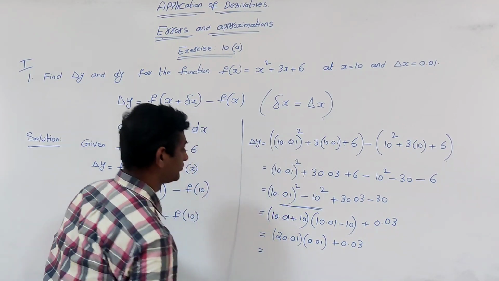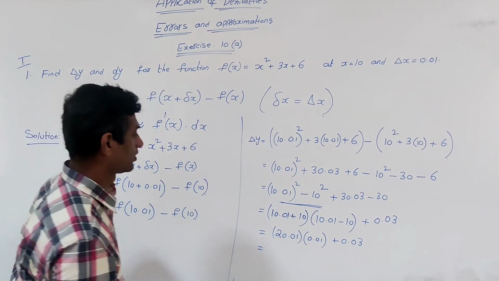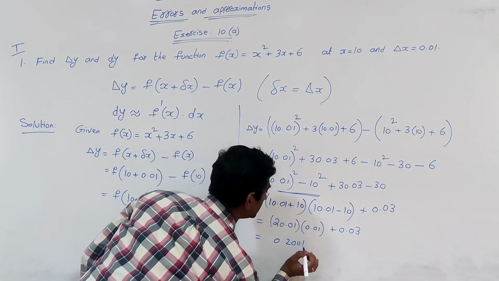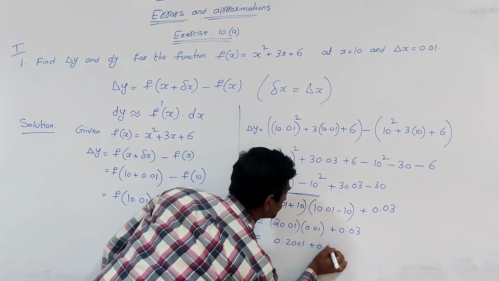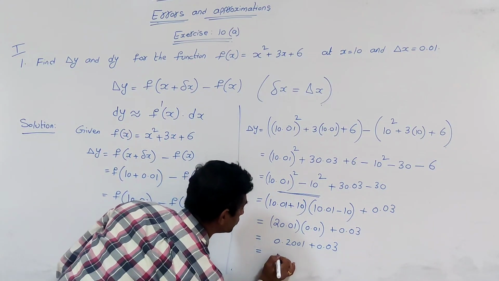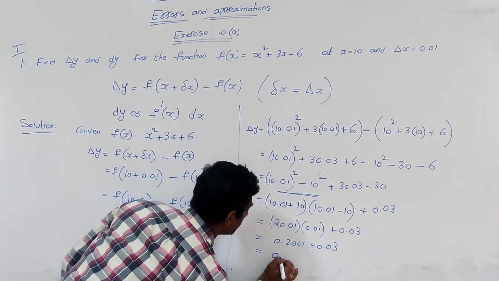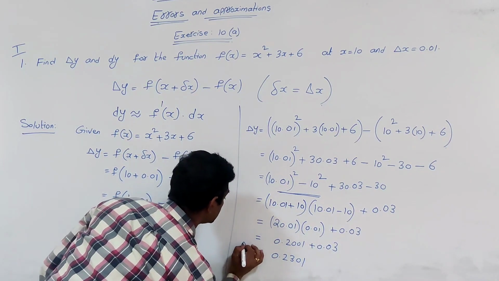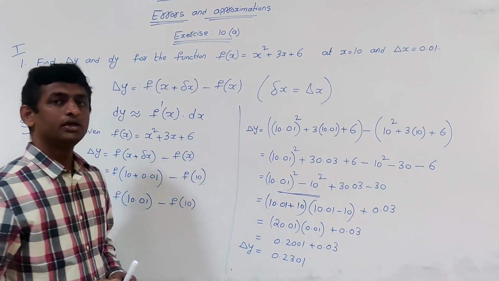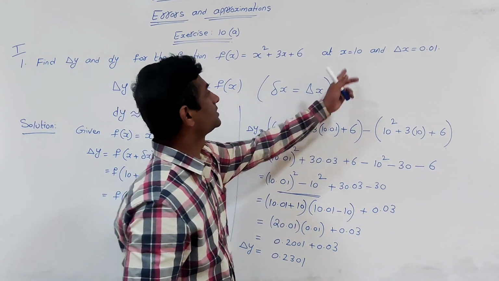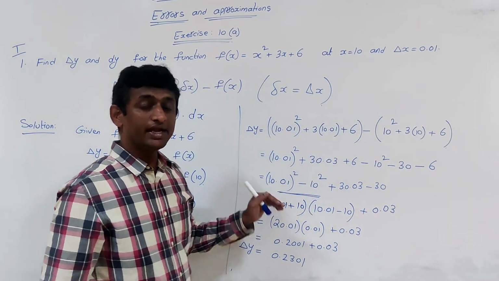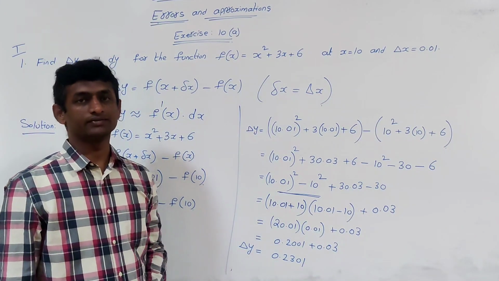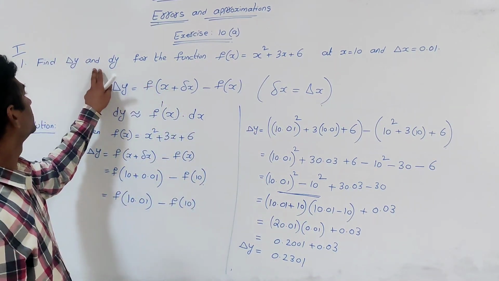So overall the value will be 0.2001 plus 0.03. If you add these two, you will get 0.2301. That is delta y. If there is a small change in x, then the change in y is 0.2301. That is delta y.